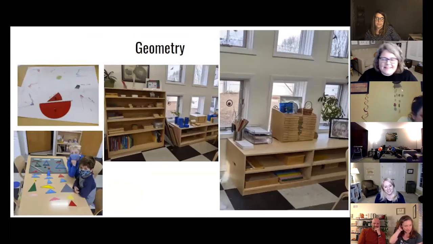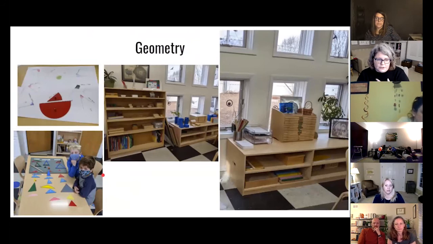And then lots of the same with geometry. We have so many materials for geometry. Here we have some guys who have studied different triangles. I believe this was triangles by sides. So we were focused on scalene, isosceles, and equilateral. And they went around the classroom and they found all the triangles that we have.